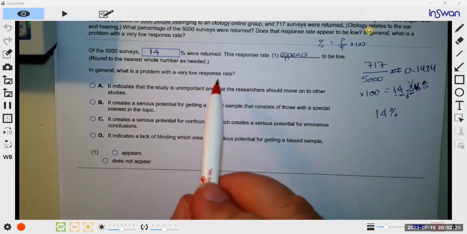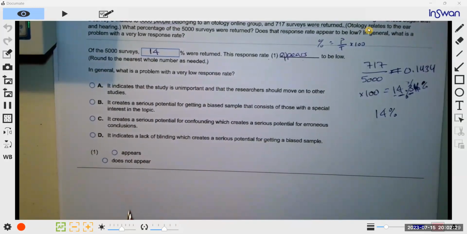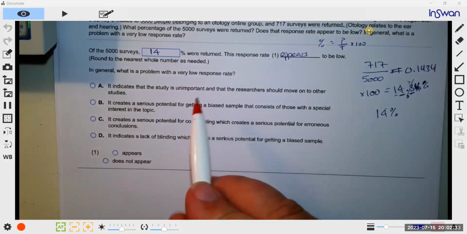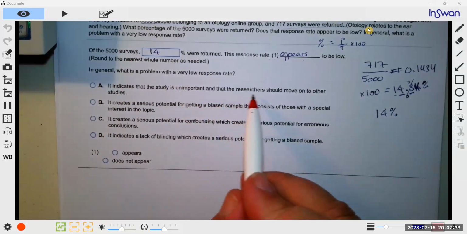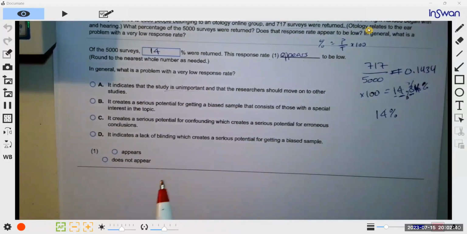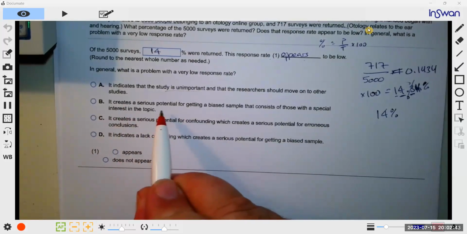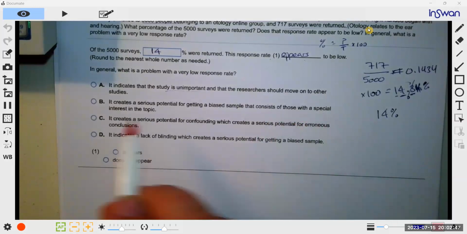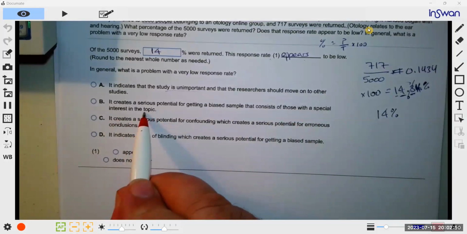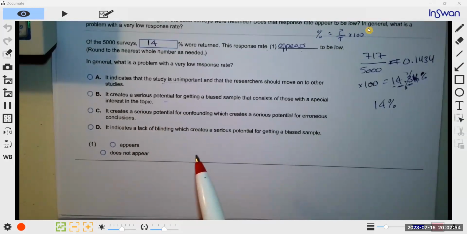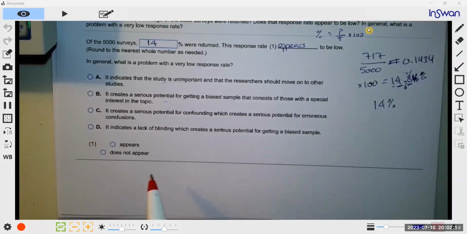In general, what's the problem with that kind of survey? A low response rate indicates that the study is unimportant and that the researchers should not... That doesn't mean it's not important. It's just that people are apathetic. It creates a serious potential for getting a biased sample that consists of those with special interest in the topic. That could be true because, as you said, people who respond are either strongly supportive of it or really hate it.